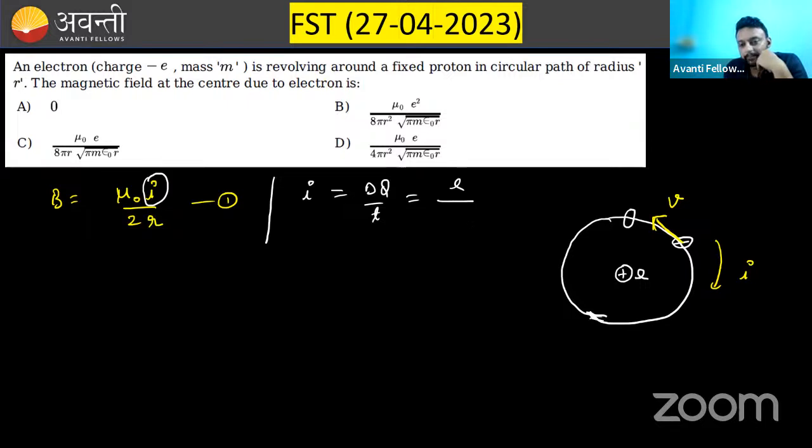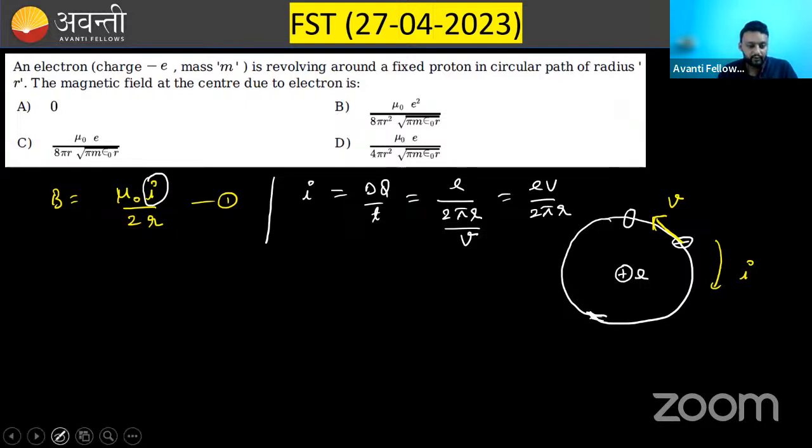The time to complete one revolution is distance over speed, and the distance is 2πr, divided by the speed v. So current is I = ev / 2πr.